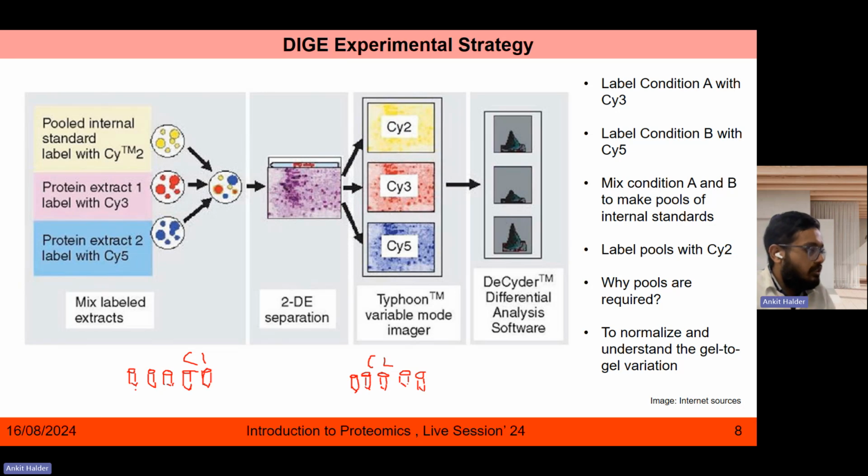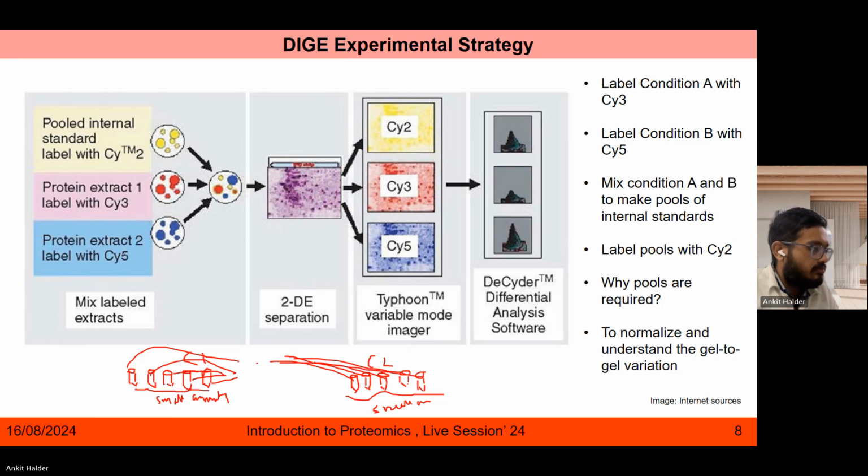Right. So now what we will do is take equal amounts from each of those tubes and collect them in one tube. This is labeled with Cy2. This is the pool sample.